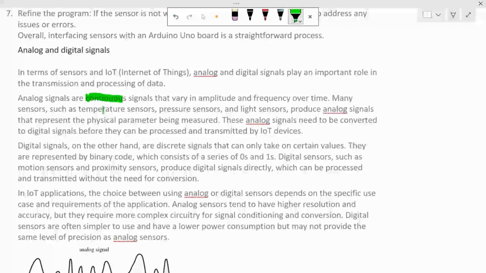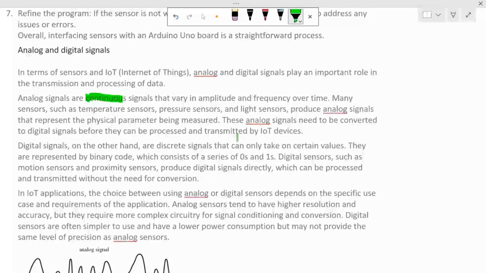Again at night the temperature may drop. So the entire day the temperature values keep on changing. Generally any physical world data is analog data. These analog signals need to be converted to digital signals before they can be processed and transmitted by IoT devices.